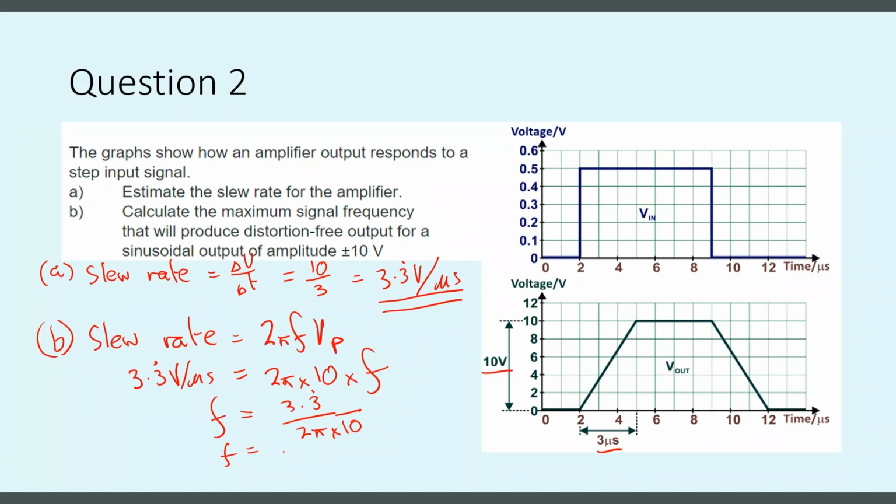So this is 0.05305, etc. Waves per microsecond. Now, to convert it to per second, we need to multiply by 1,000 to get it per millisecond, because there'll be 1,000 of these in every millisecond, and then times it by 1,000 again to get it per second, which gives us a final frequency of 53 kilohertz. Rounding, of course.